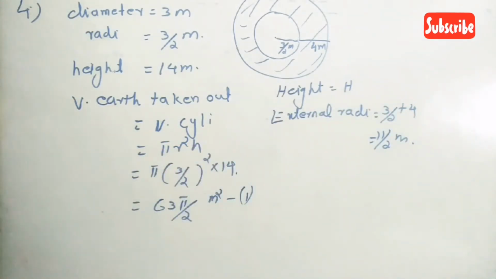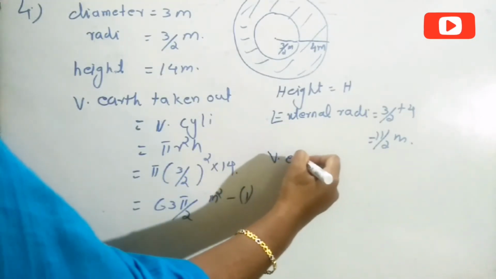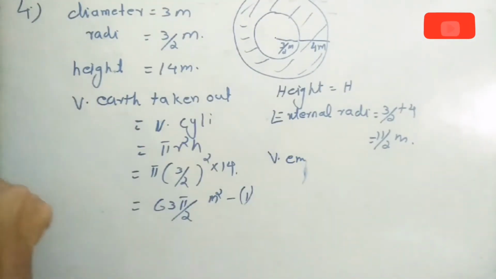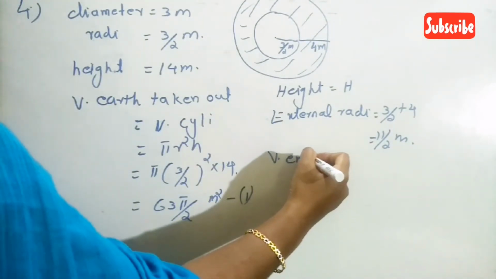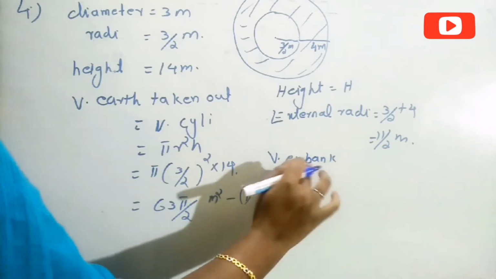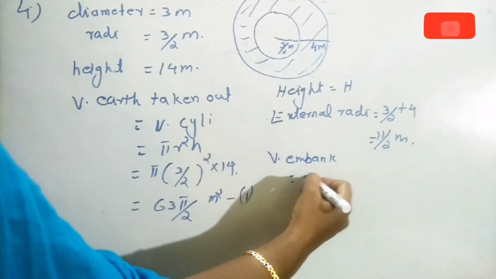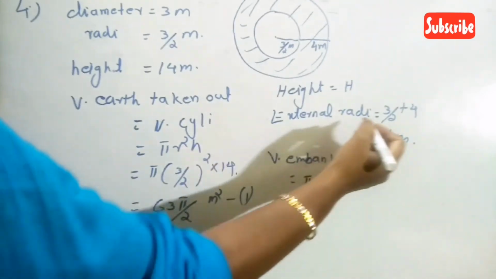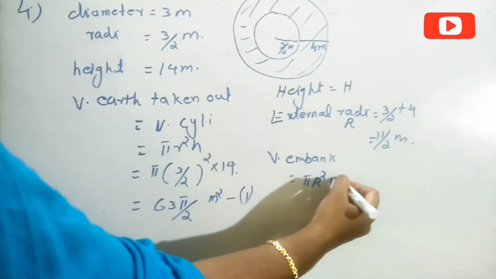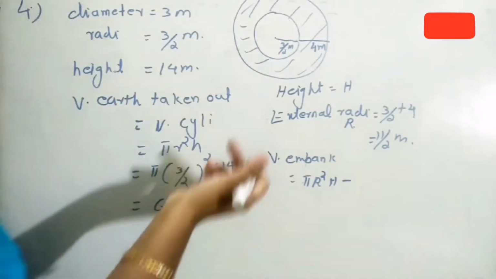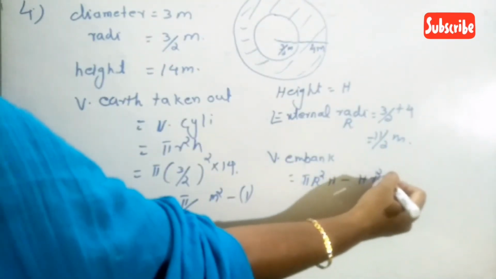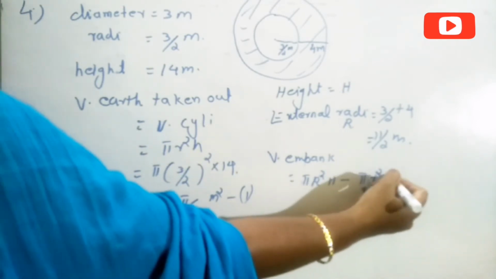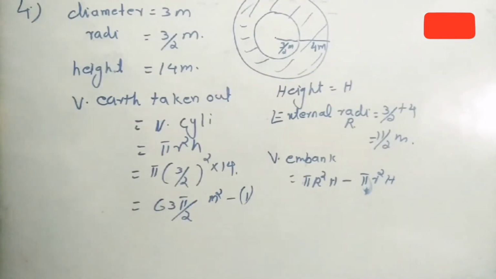Now the volume of the embankment is equal to the biggest one, with the radius of the biggest one as capital R, pi R square h, minus the small one, pi small r square h.